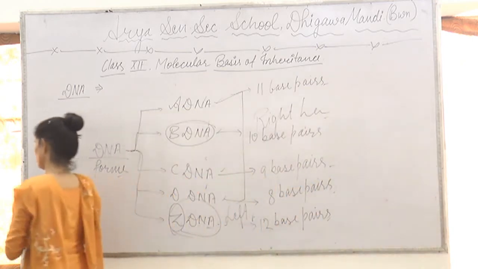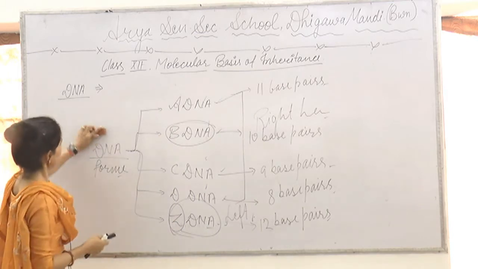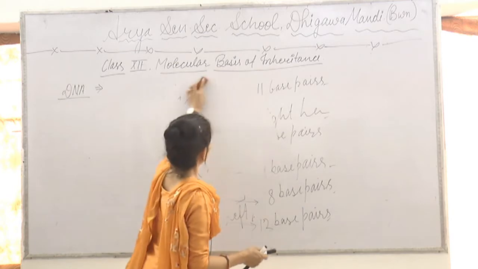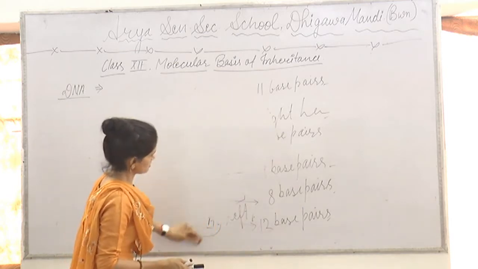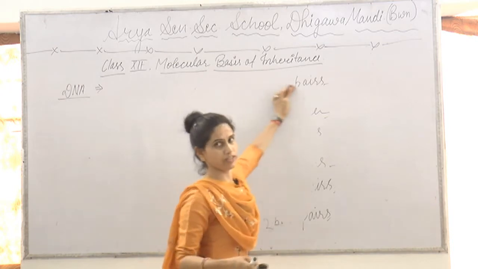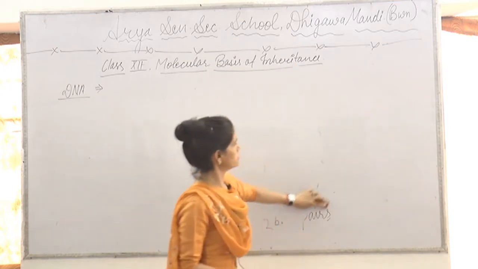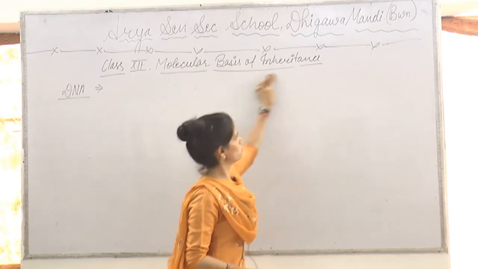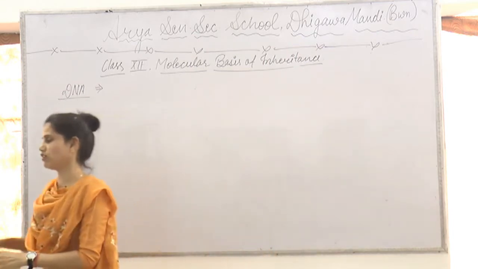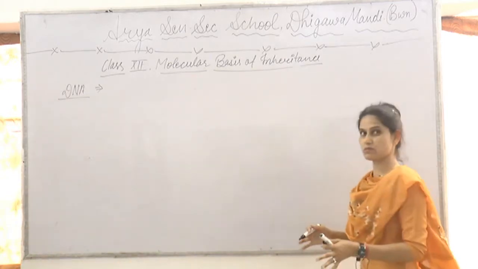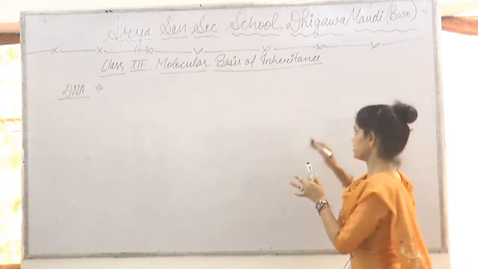Okay, now we start the ultrastructure of DNA. In the last video we discussed the components of DNA. It is made up of nitrogenous base, pentose sugar and phosphate group. As you know, pentose sugar and phosphate group form the backbone of the DNA, and the nitrogenous bases are present at the center of the DNA.